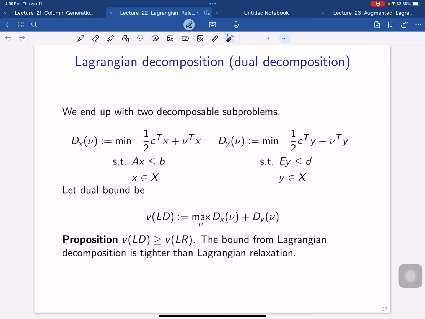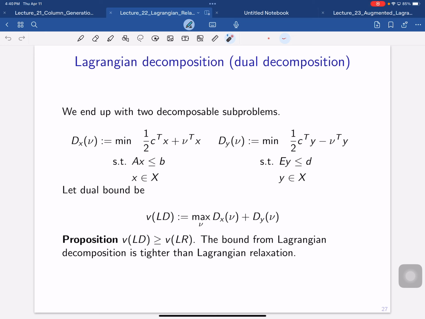So as you can see, in Lagrangian decomposition, each iteration is more expensive than Lagrangian relaxation, because we are solving two problems, and one of them has exactly the same computational complexity as Lagrangian relaxation. So you are solving a more expensive Lagrangian subproblem.